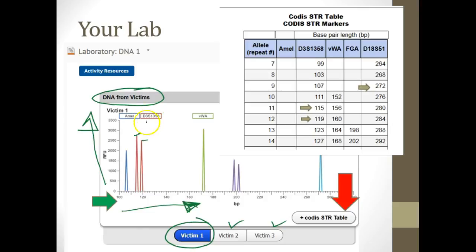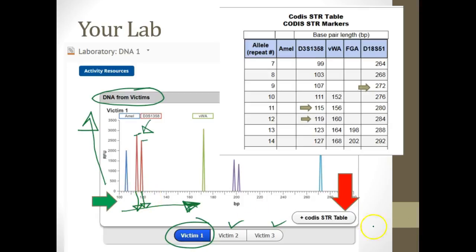Looking at the red D3S1358 gene, that's this right here. That first peak happens about right there on the chart. That second peak happens about right there, and I wrote them so close together that the computer is not going to be happy. So both of those are between 110 and 120.